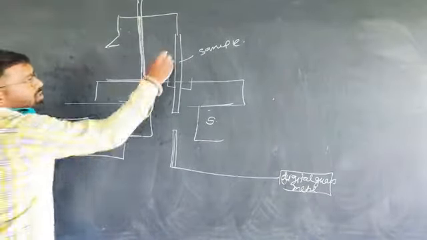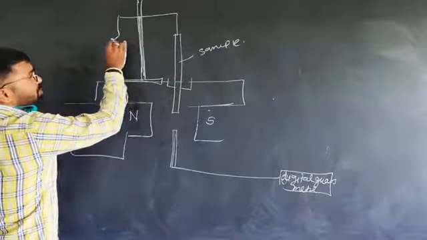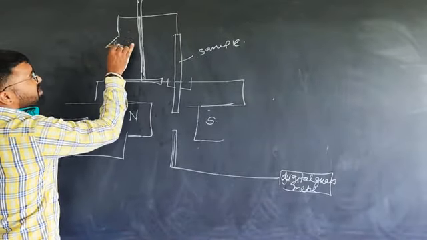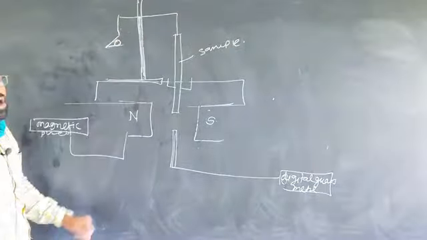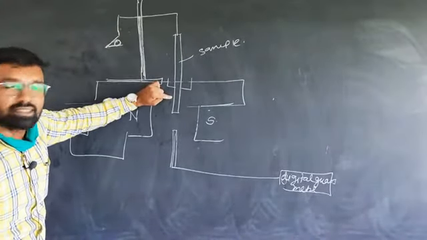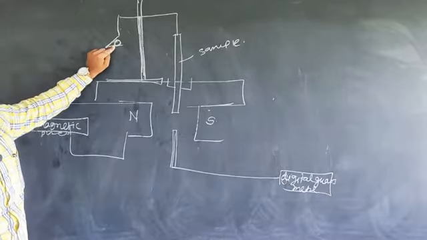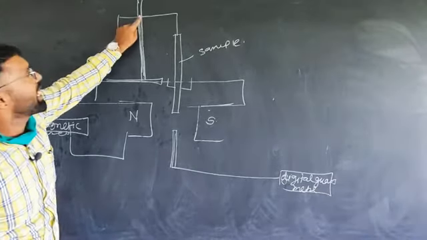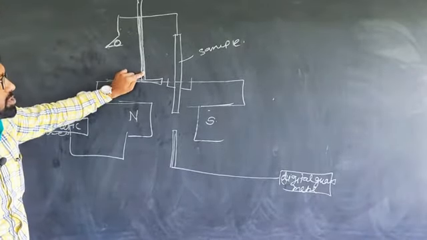By using some external weights, you can balance the needle at the zero point when the sample is inserted. An equal amount of weight is taken at this side so that the needle is at zero position.